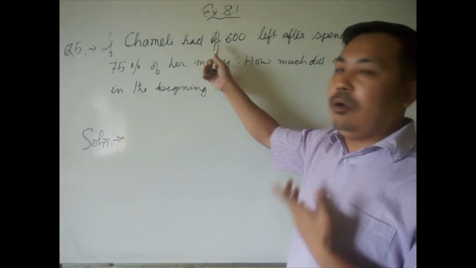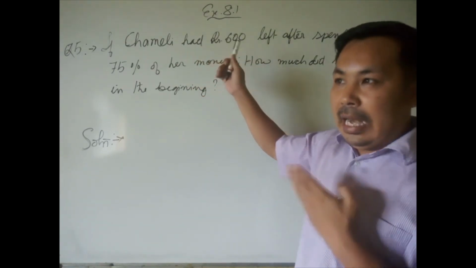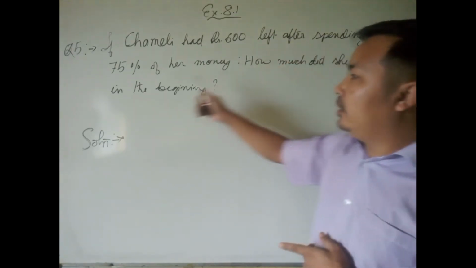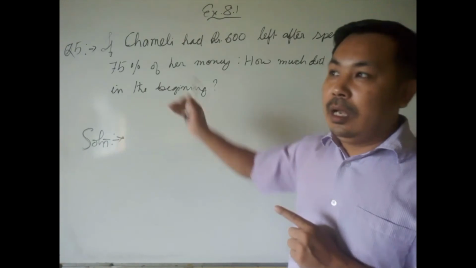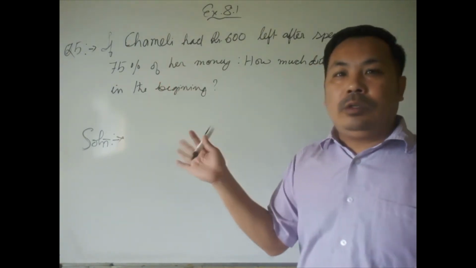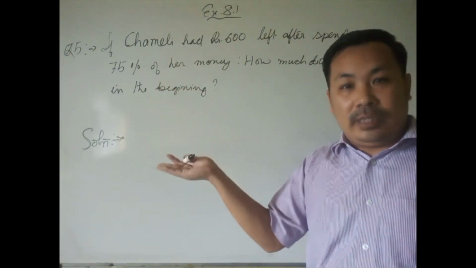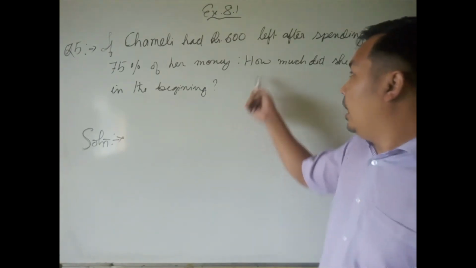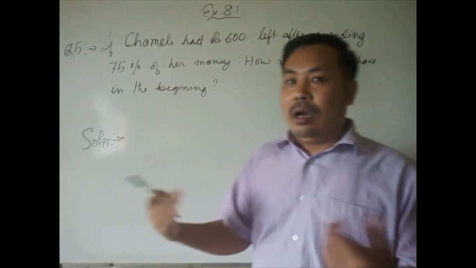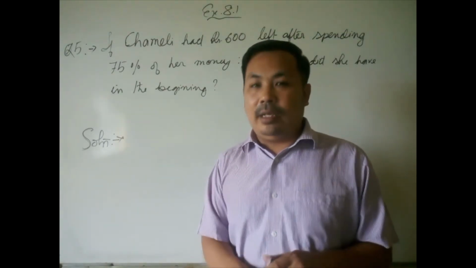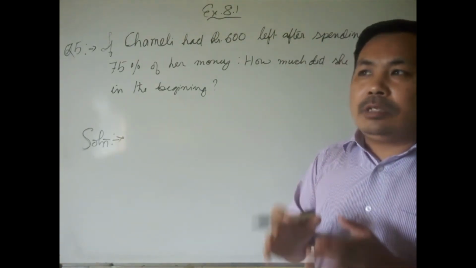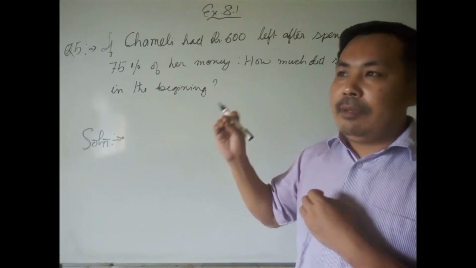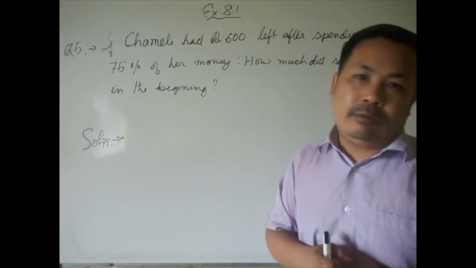Now with Chameli only 600 rupees is there left after spending 75% of her money. How much did she have in the beginning? We don't know. What was her money in the beginning that now she spent 75% and only 600 rupees remain?